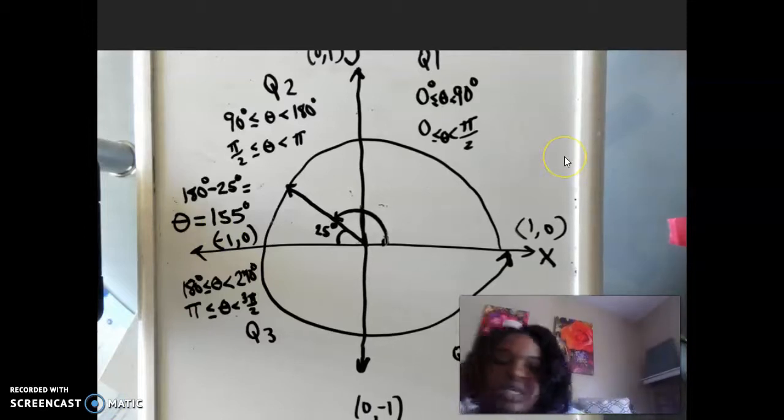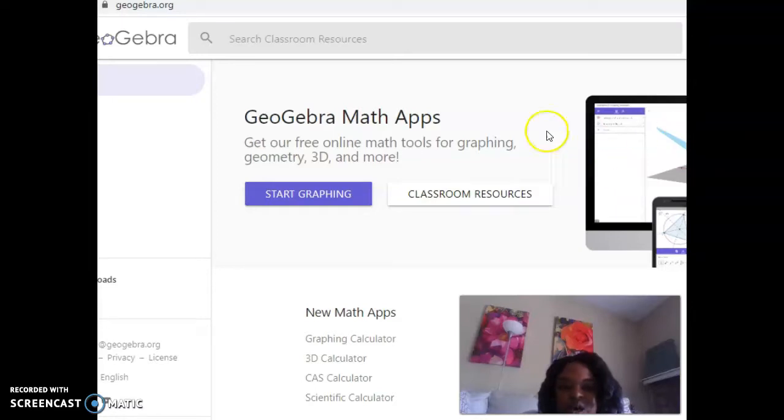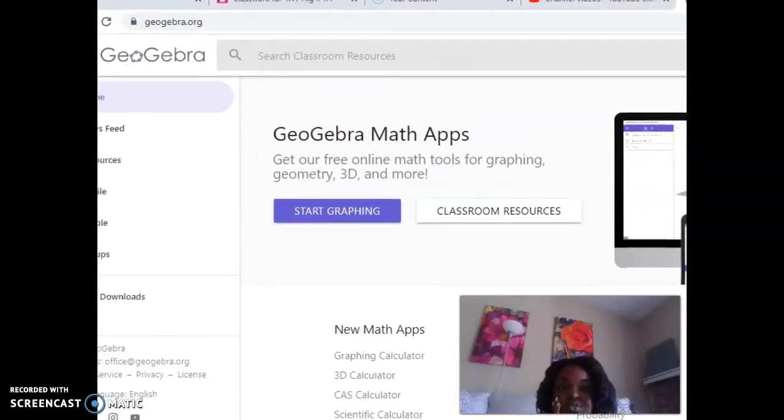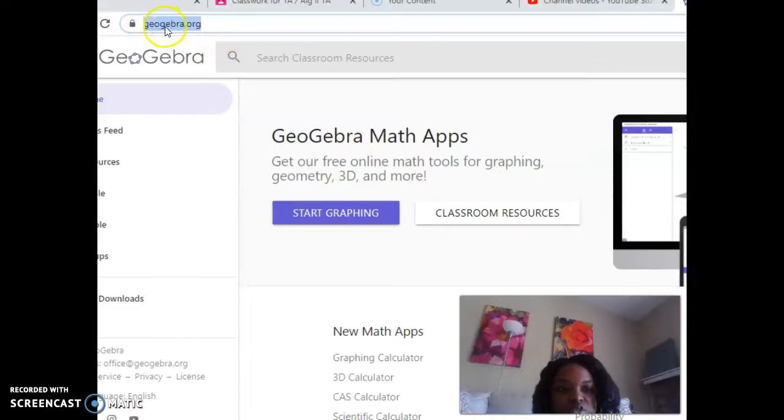One last quick thing also, because you don't have graphing calculators, a lot of you are having to use a different thing to transition from degrees and radians and calculate with degrees and radians. So just a reminder, you can go to geogebra.com, so I have it spelled here, and type enter.